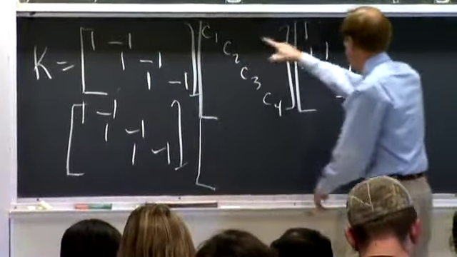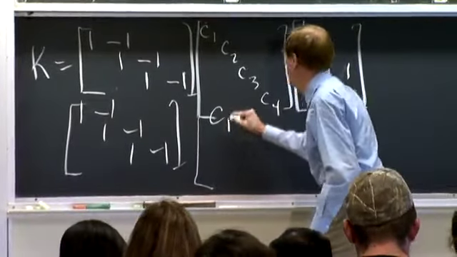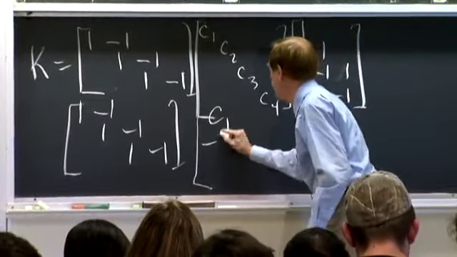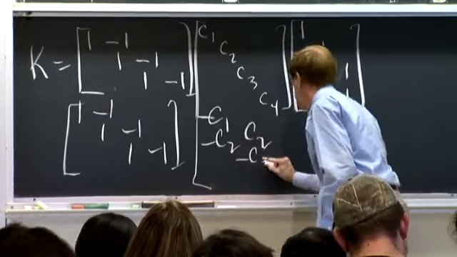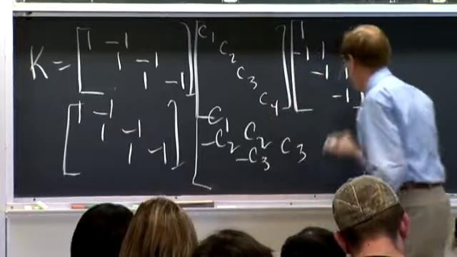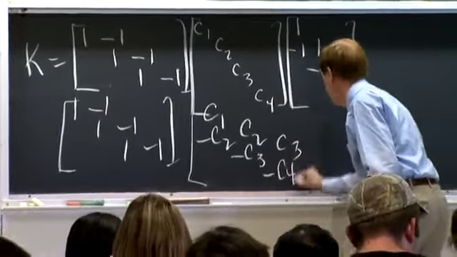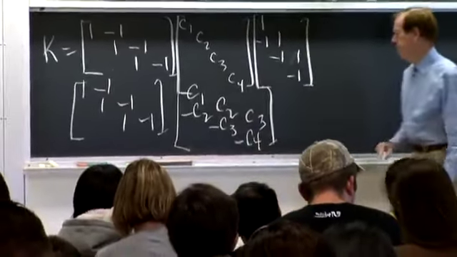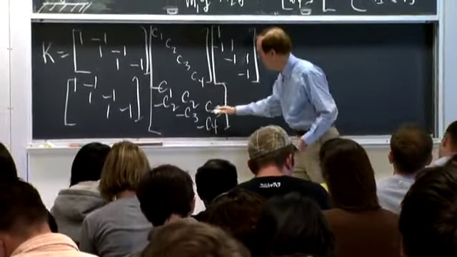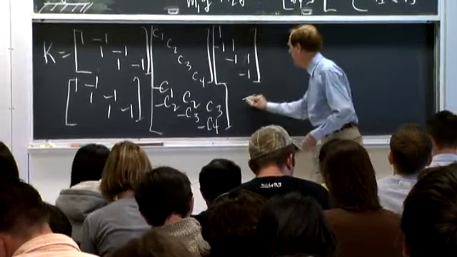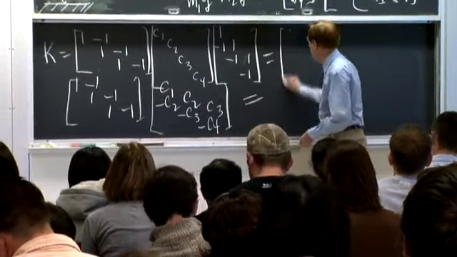And now C1 multiplies that row, C2 multiplies this row, C3 multiplies this row, and C4 multiplies the last row. So that's C1 in that row, C2, C3, and C4. And now I'm ready to put those together into K.